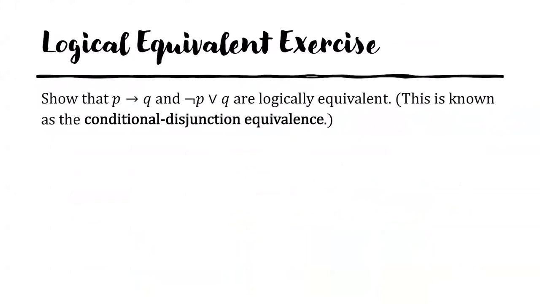Okay, so let's look at another example here. We want to show that P implies Q and not P or Q are logically equivalent. And this one has a special name. This is known as the conditional disjunction equivalence.